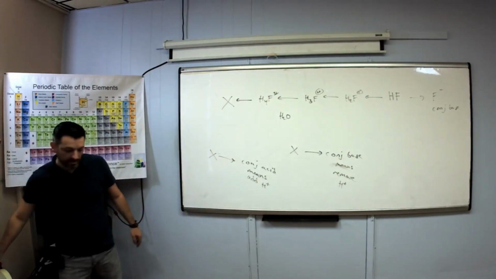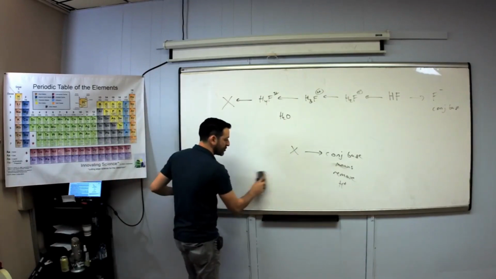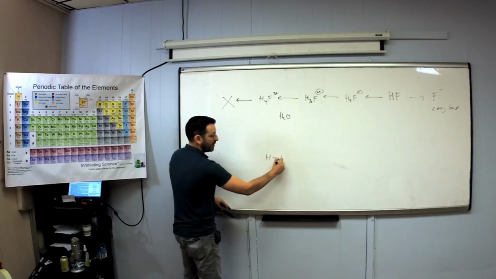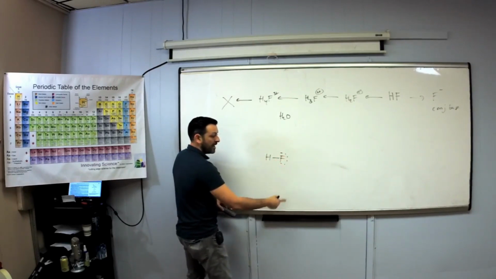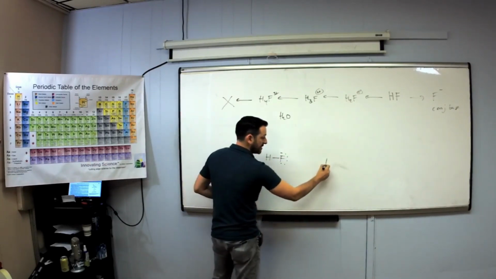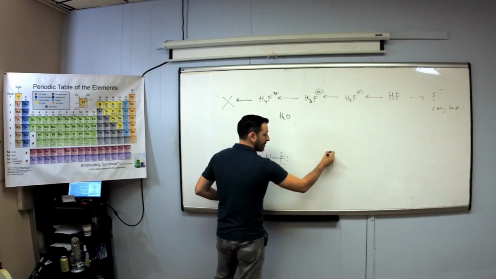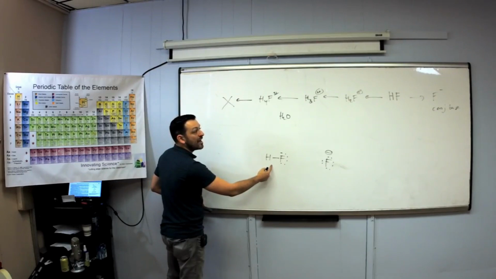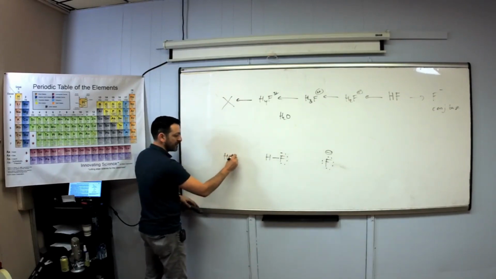Here's why. It's the Lewis structure of it. Look, when I have HF and I draw F-, this is what I drew. And if I have HF and I draw H2F plus, this is what I draw.